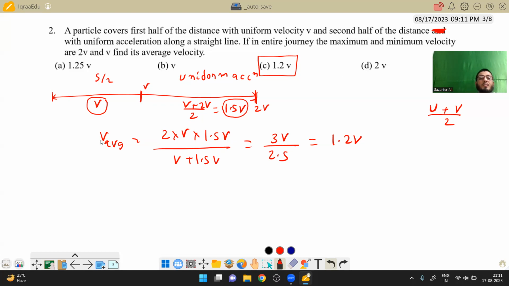This is a simple concept, right? This average velocity by harmonic mean, we did it. We all know that if it's uniform acceleration, the average velocity is initial velocity plus final velocity divided by 2. And for this uniformly accelerated motion, we just found the average velocity, and then we did the question. Okay.